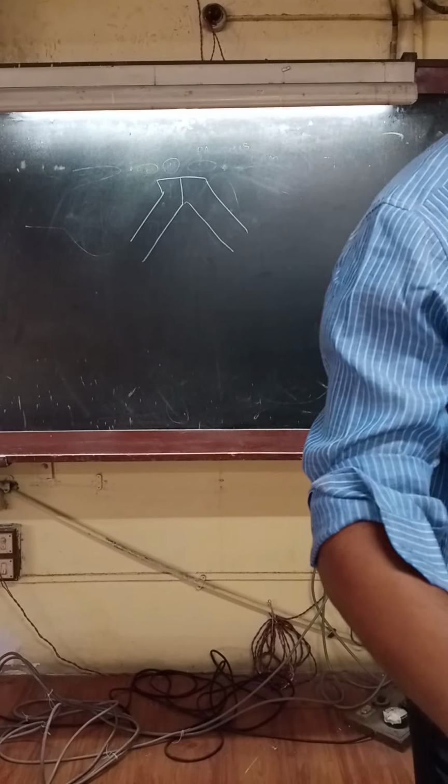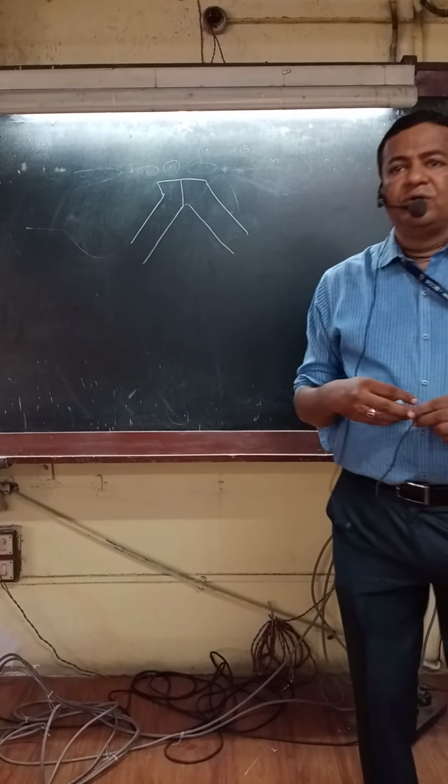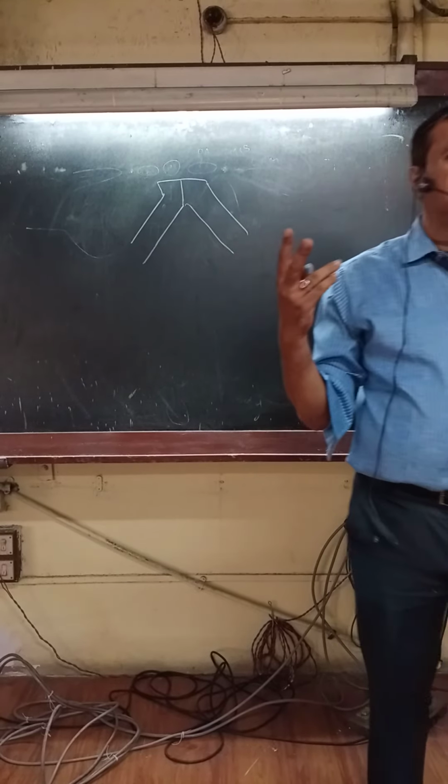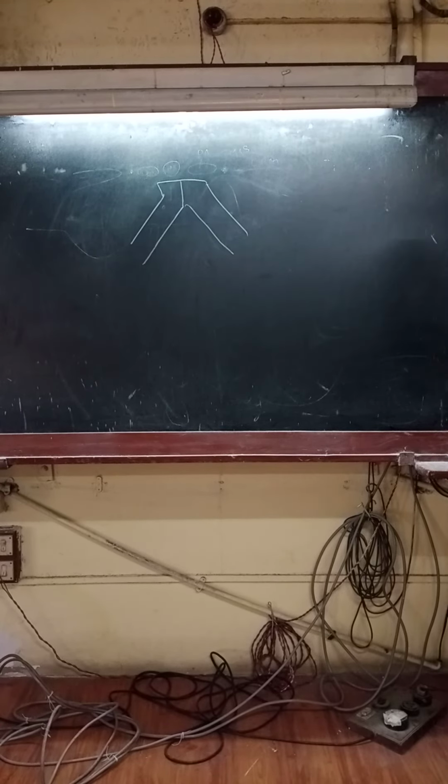So the root is made up of two erectile tissues and two muscles.